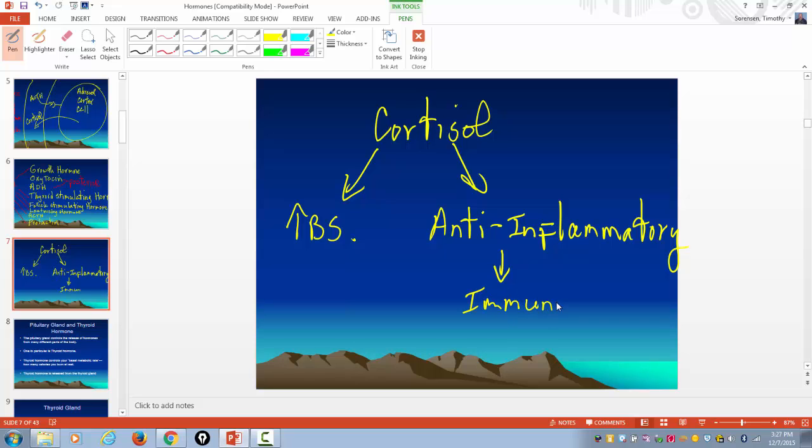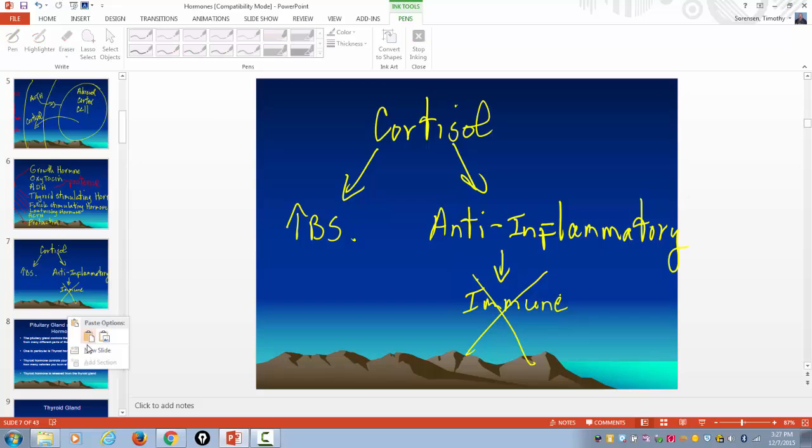So cortisol suppresses the immune system. The immune system's function is to produce inflammation. That's how it protects you. But sometimes you get too much inflammation, and that is bad. So that's why you get the release of cortisol, or you start on drugs like prednisone.